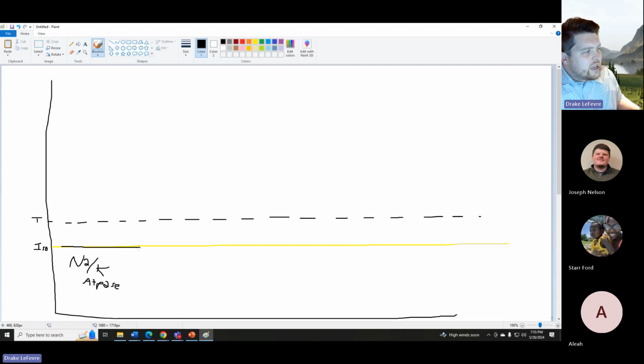Next step, we get some kind of stimulus that causes an influx of sodium through what kind of channels? Not quite yet voltage gated channels.